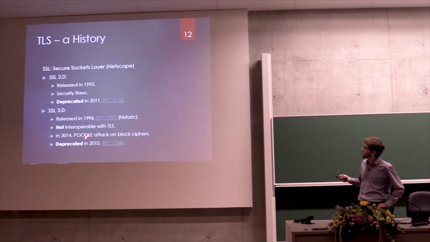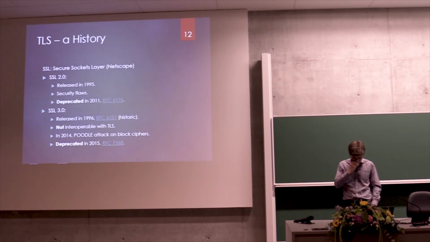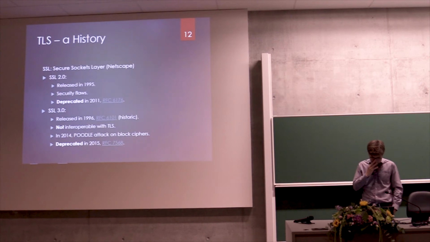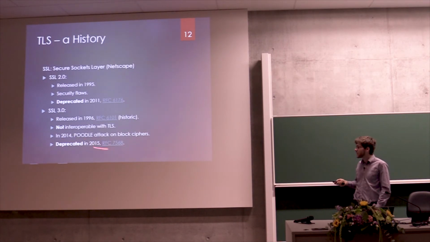SSL 3.0, which was released quite soon after and is not interoperable with TLS, was finally deprecated in 2015. For example, it was subject to the Poodle attack in 2014. And the problem is that even though it's officially not meant to exist anymore, old servers sometimes still run it, and that is a big problem.